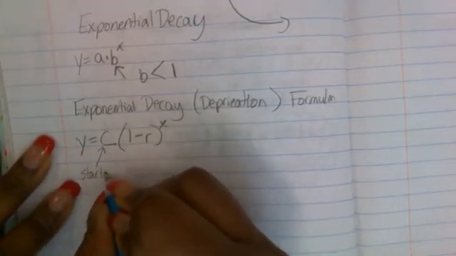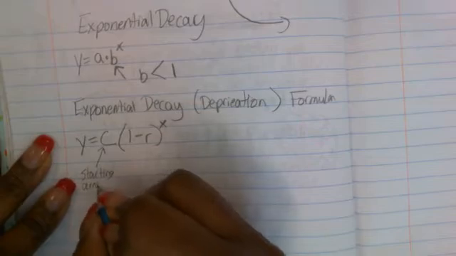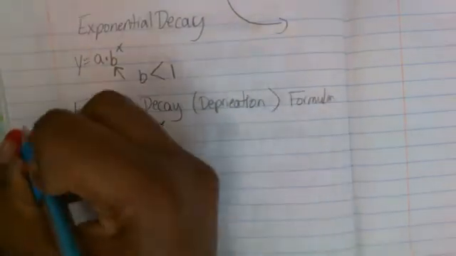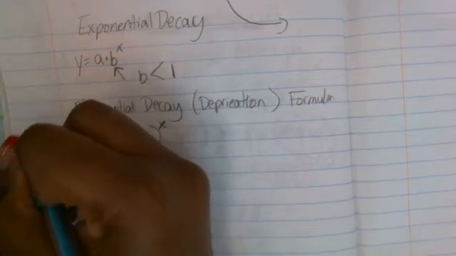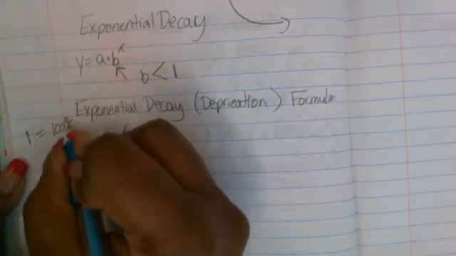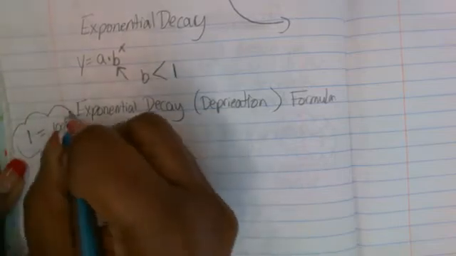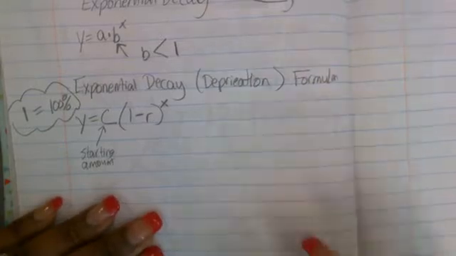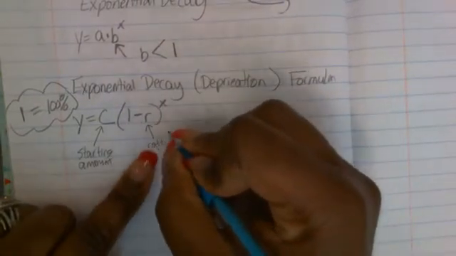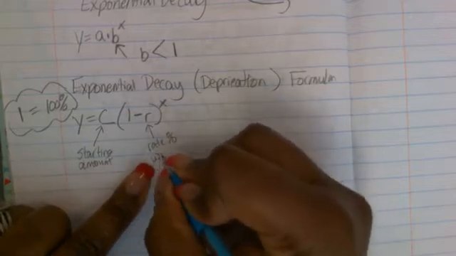This is 1 as a decimal, which is equal to 100%. Anyway, R is your rate, your percentage written as a decimal.